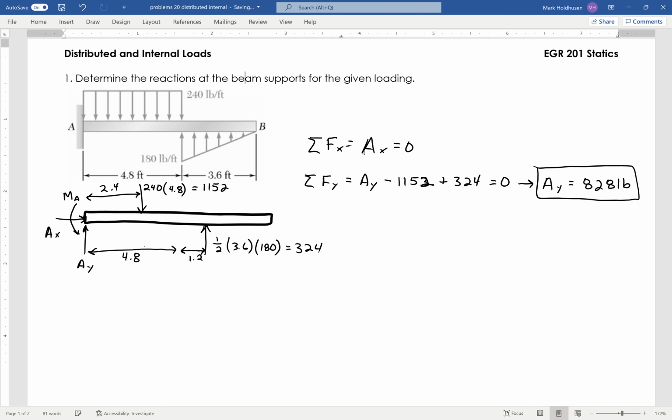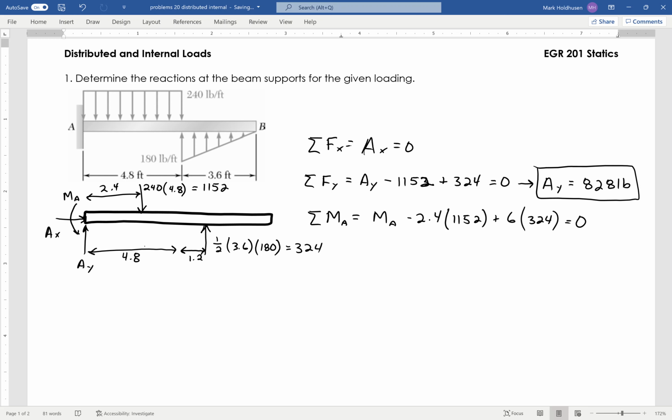Now, next thing I want is the moment equation. I'll sum the moments about A. I want to make sure I include the reaction moment that I'm looking for about A. Then I'm going to have two other moments. I'm going to have the negative 2.4 times the 1152, and I'll have a positive, and it'll be 6, because again, it's 4.8 plus the 1.2, times the 324 for that 324 force.